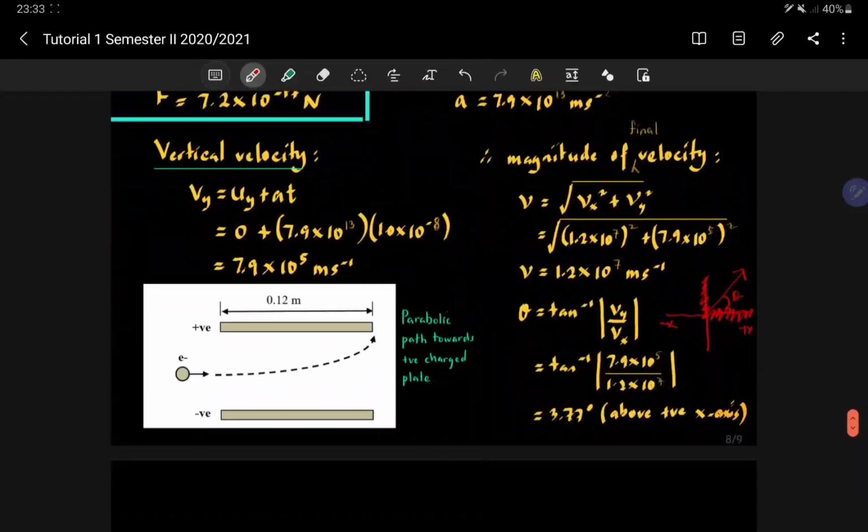So this is the path traveled by the electron, which is a parabolic path, towards the positive charged plate, because according to Coulomb's law before, different charges attract each other. So the negative electron here will be attracted by the positive plate. So this is the path traveled by the electron. I think that's all for question number 10.